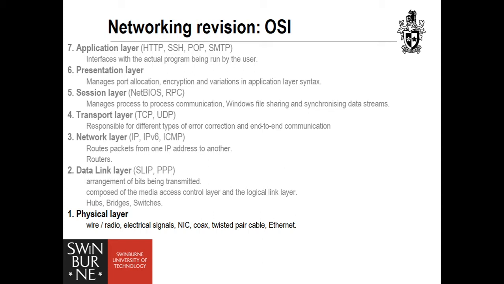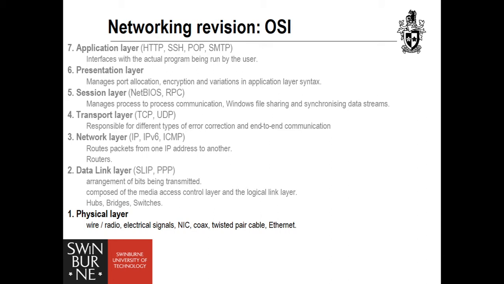It routes packets from one IP address to another, like a router. Below that is the data link layer. The purpose of this layer is to arrange the bits being transmitted. It comprises the media access control layer and the logical link layer.